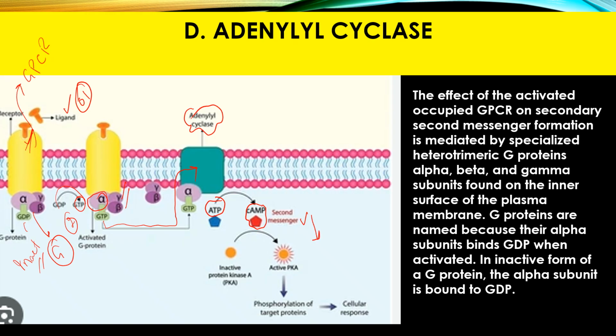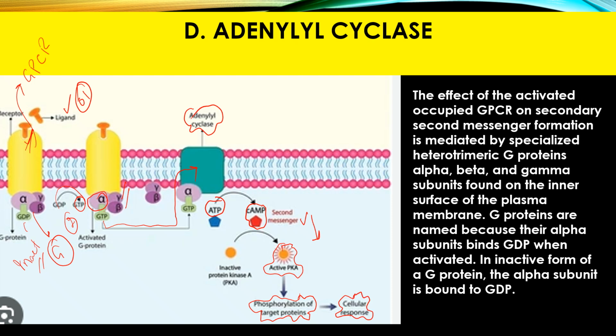Now it will activate another enzyme, known as PKA, which we will see later on. PKA phosphorylates the target protein, or adds a phosphate group to a target protein, and now this target protein will become a cellular response, and the cell will do the thing which the signal is meant for.